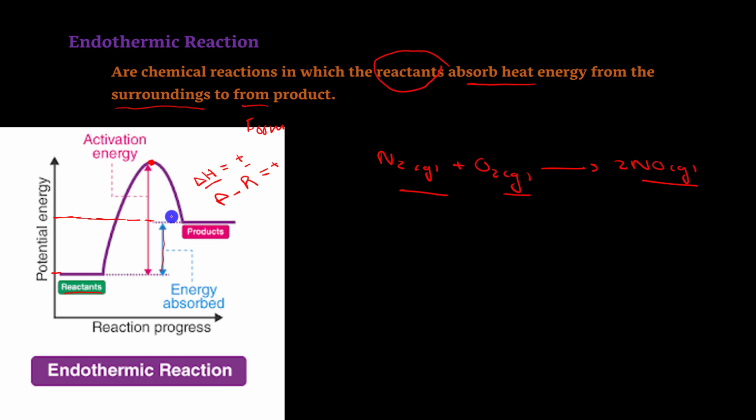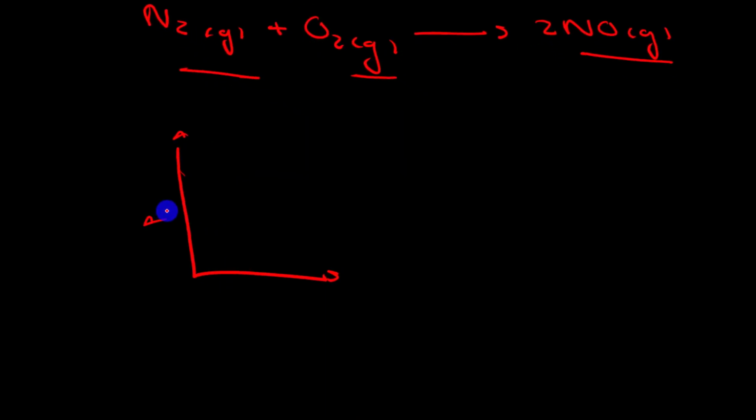In an exothermic reaction, look at this graph. This is the graph of the exothermic reaction, right? Here the reactant has more energy and the product has less energy.